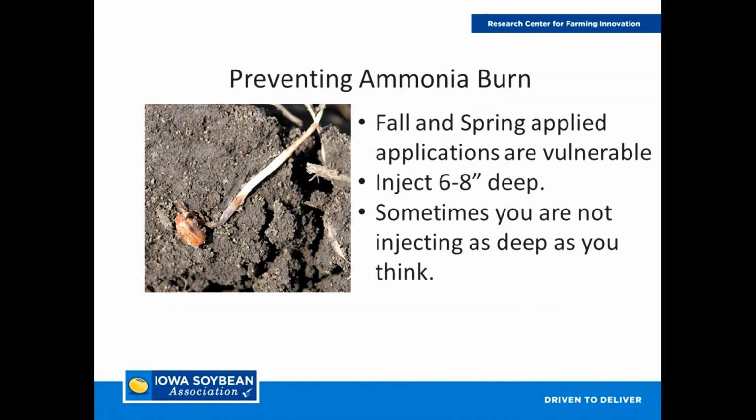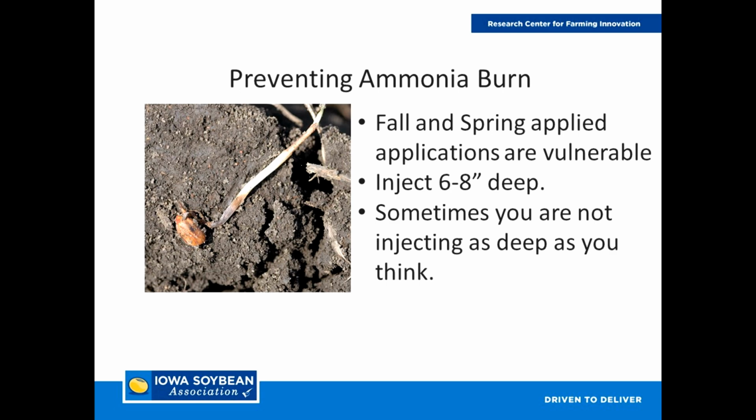As we think about fall applied anhydrous ammonia, I wanted to comment: every year in Iowa we see instances of damaged stands due to anhydrous ammonia, and it doesn't matter if it's fall applied or spring applied. We can see damaged seedlings from anhydrous burn. What causes that is the ammonia is usually placed too shallow. We have a lot of high-speed applicators that apply anhydrous at a very fast rate, but sometimes we compromise and get too shallow in our injection bands.